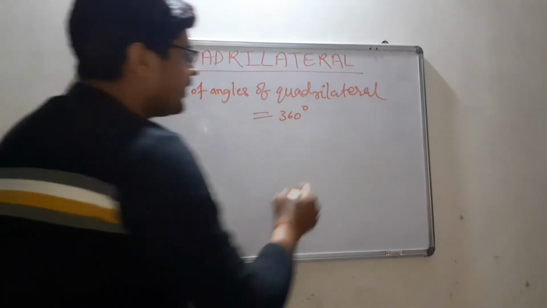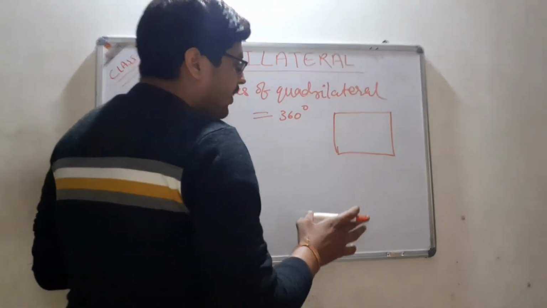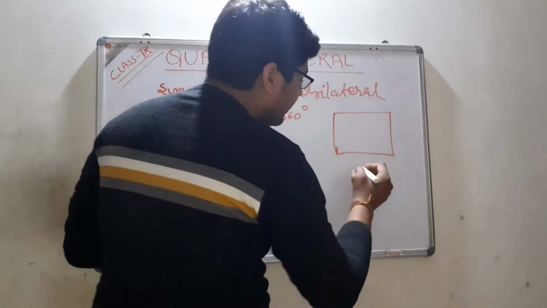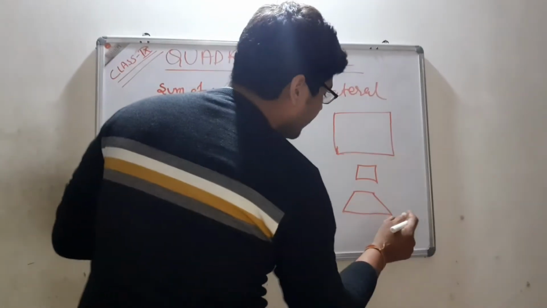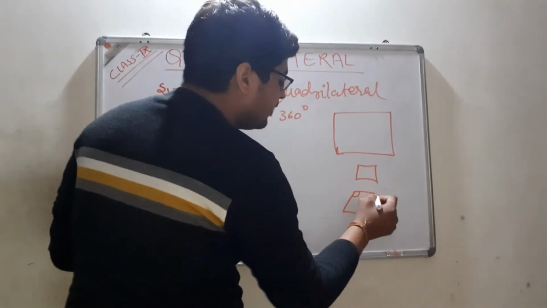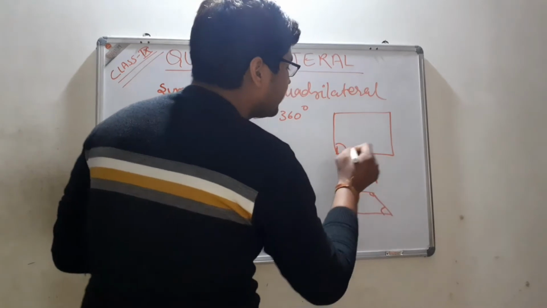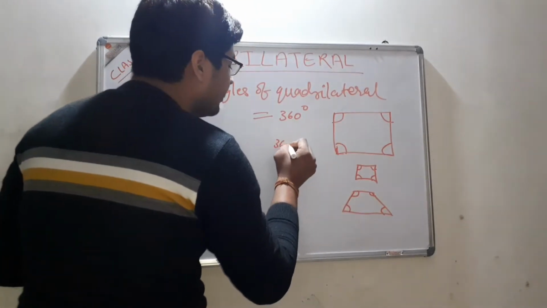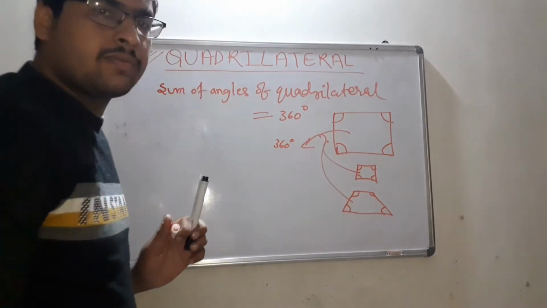That means if we take any kind of quadrilateral, whether it is a rectangle, a square, or a trapezium, each of these angles combine to give 360 degrees.